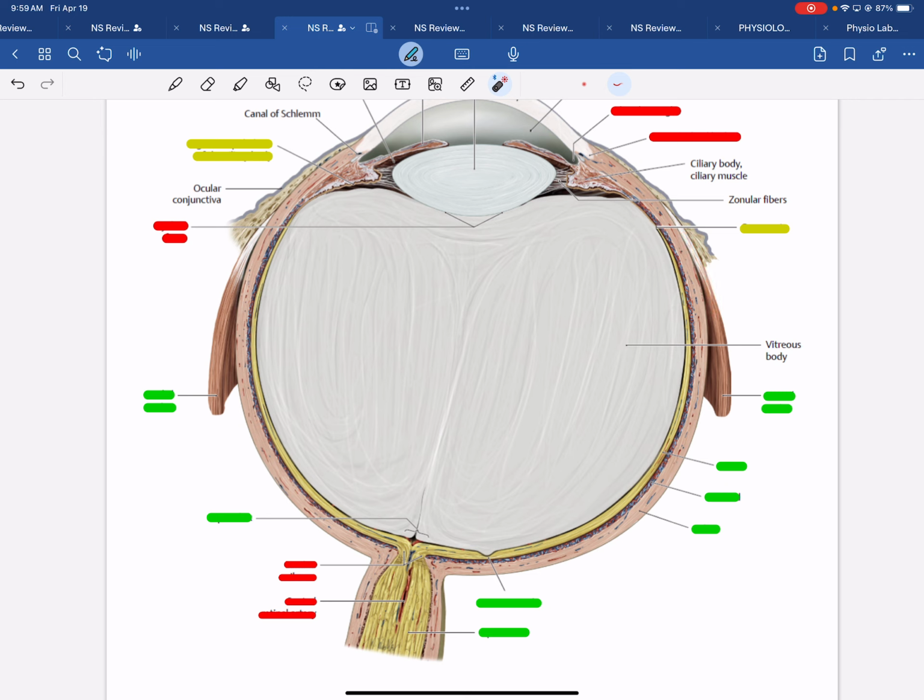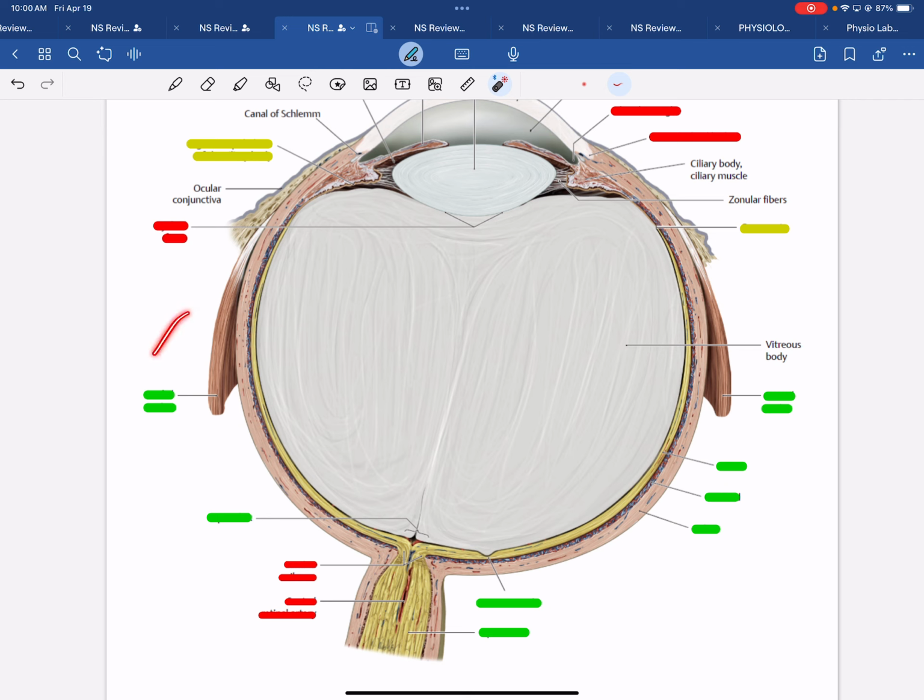Okay, which muscle is this? The lateral rectus. Why is it the lateral rectus and not the medial rectus? Because of where the optic nerve is. Okay, what about the optic nerve? It's coming in more medially. Right, the optic nerve faces medially; it leaves the eye going medially.